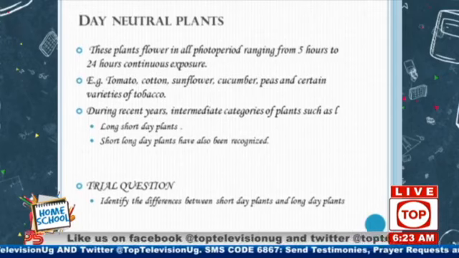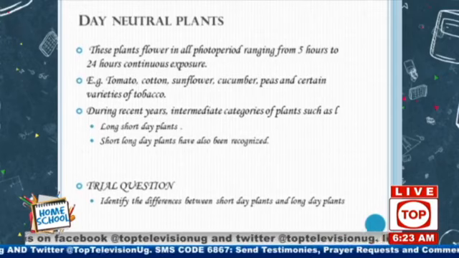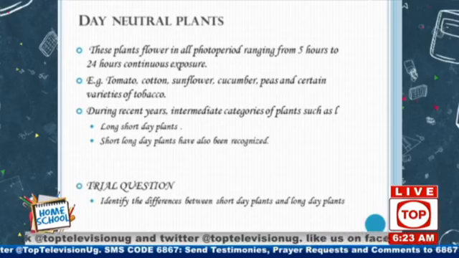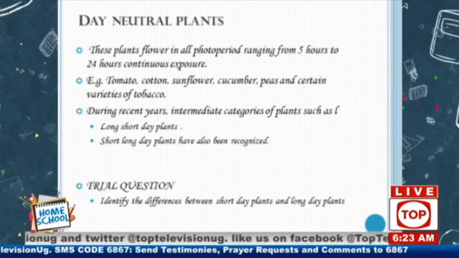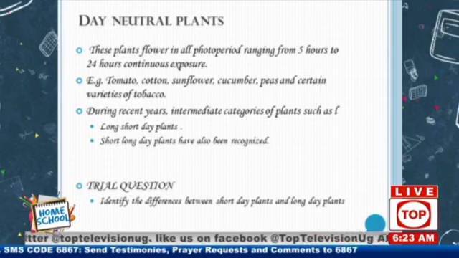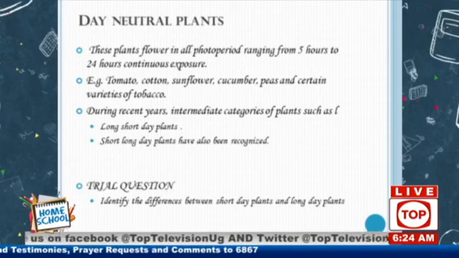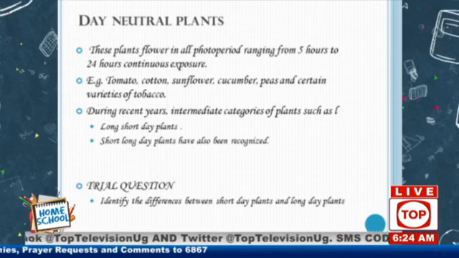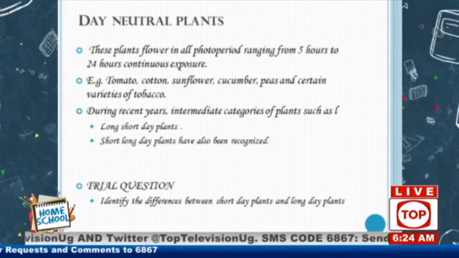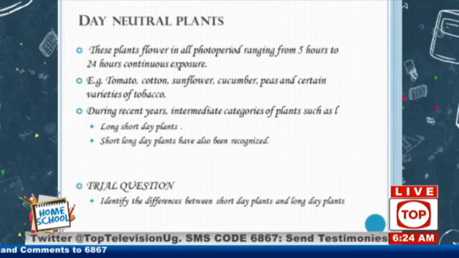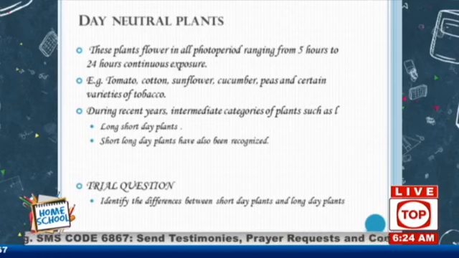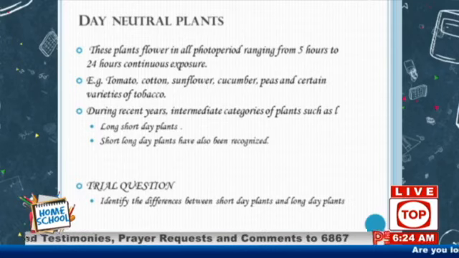Good examples, we have tomatoes, we have cotton, we have sunflower, we have cucumber, we have peas, different varieties of tobacco. Yes, all these are plants that do not depend on how much light they are provided with. They do not depend on the photoperiodic range. They can flower when they're provided with little light or when they're provided with too much light.